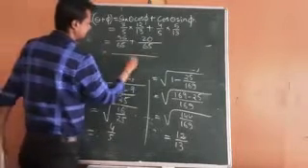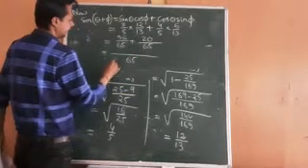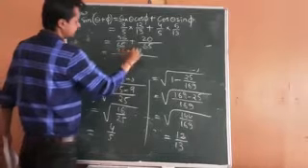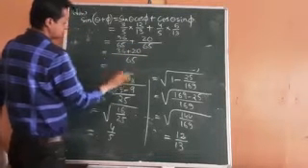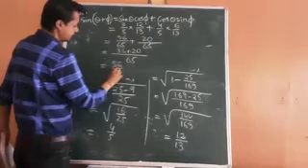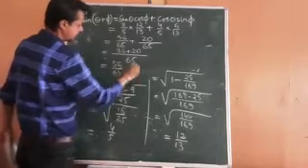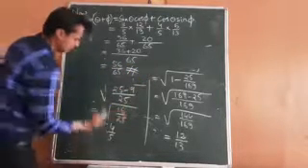Take the LCM. 65. 36 plus 20 is 56 by 65. This is your answer.